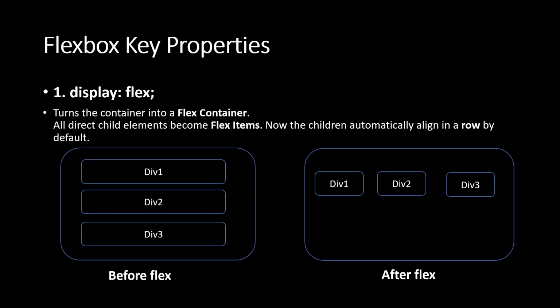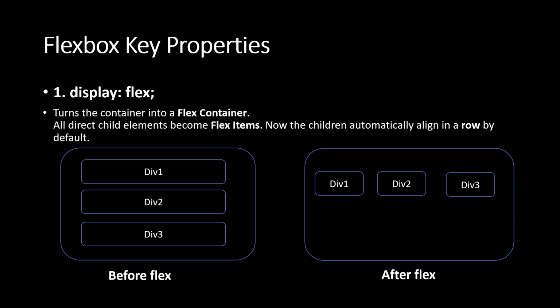So Flexbox properties. The first property is display flex. In display flex, first we understand that the display flex property turns the container into a flex container, and all the child elements become flex items, right? Now the children automatically align in a row by default.